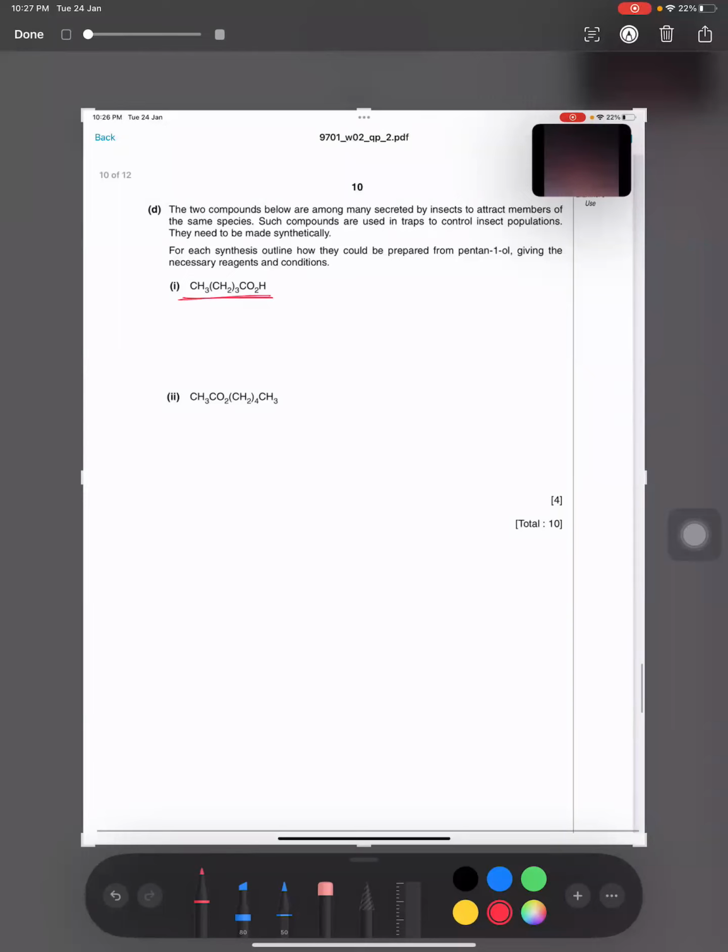And if you are forming an aldehyde from alcohol, it should be heat and distill. This condition is very important. You have to remember this difference. Okay? So if you want to use a reagent, it should be acidified potassium manganate(VII), and the condition should be heat under reflux.